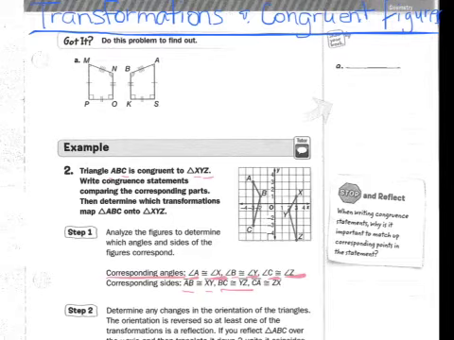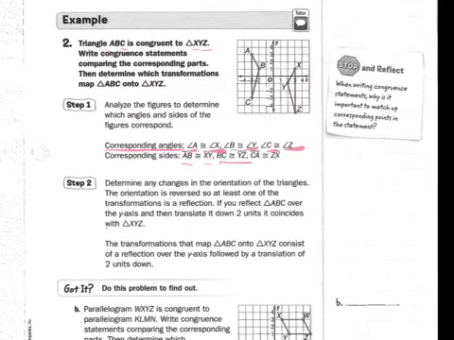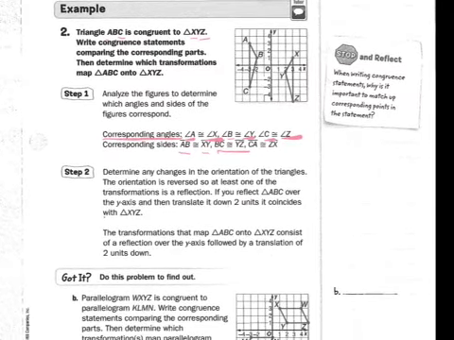Then the second thing we want to do is figure out what they did to be able to get ABC on top of XYZ. Well, AC has to land on top of XZ. So they had to flip AC over the y-axis.